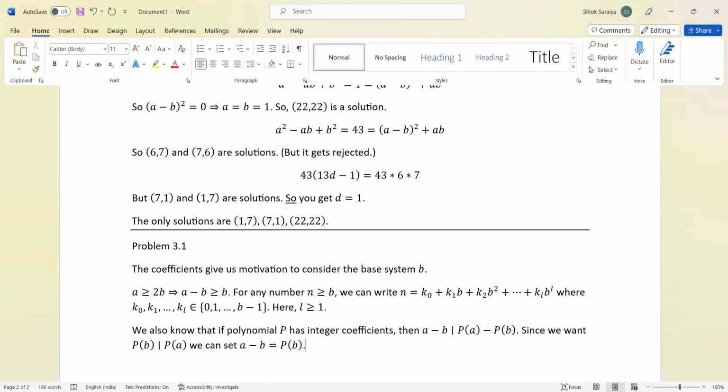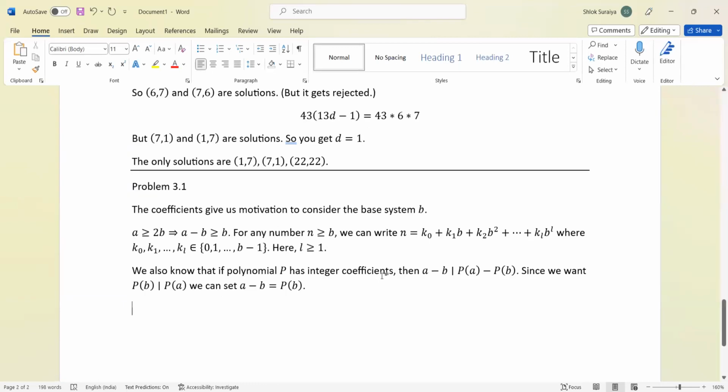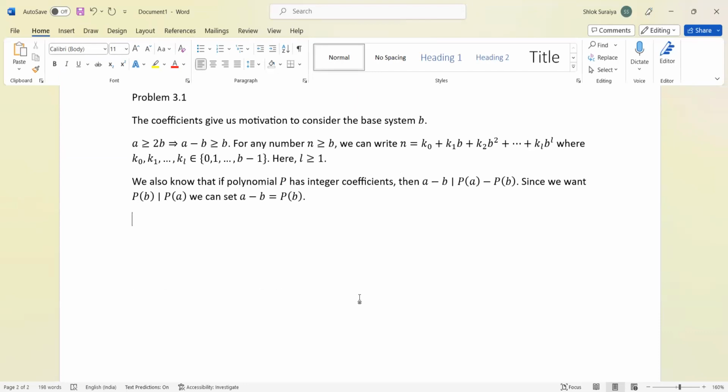It's not like a constant polynomial, right?